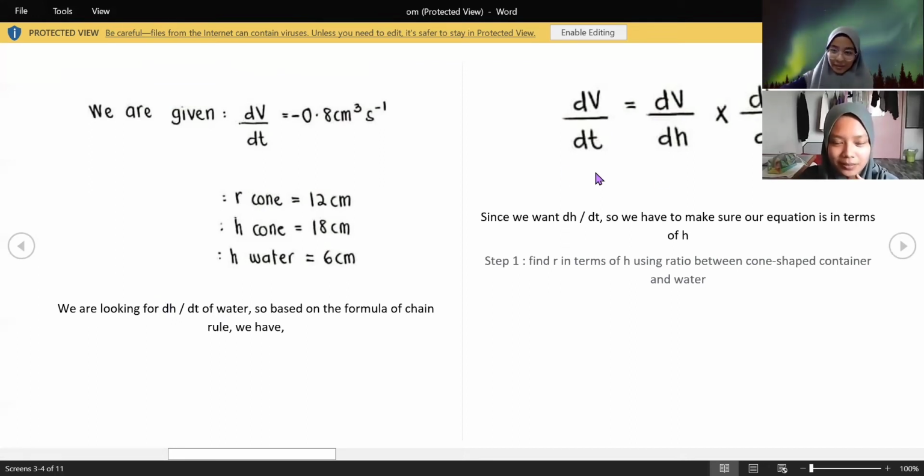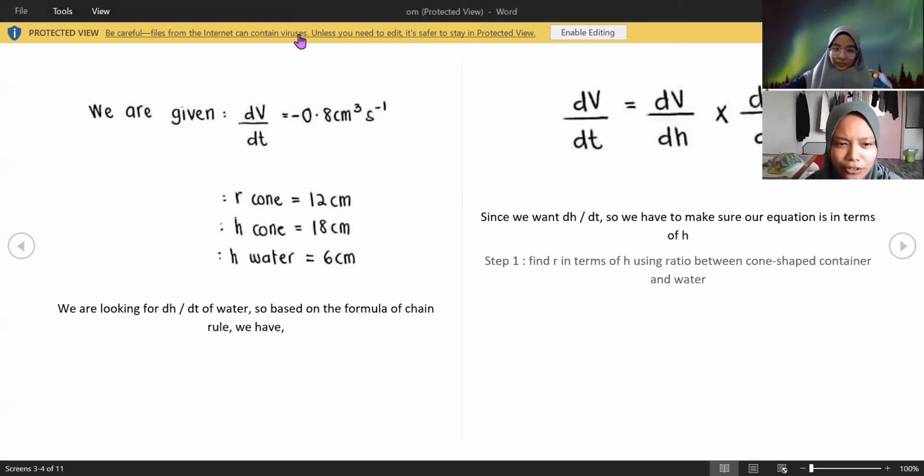So what they give us is dV/dt, and they want us to find dH/dt. So we are looking for the dH/dt of water. Based on the chain rule, we have dV per dt equal to dV per dH times dH per dt.